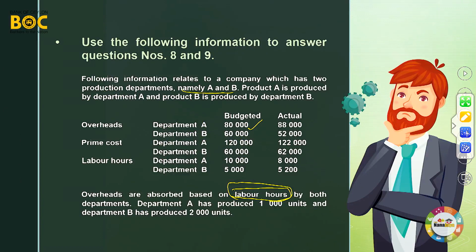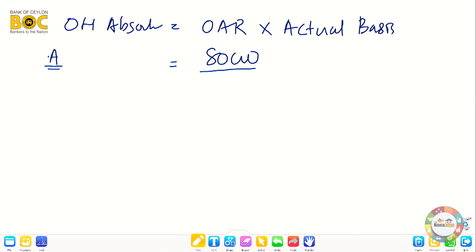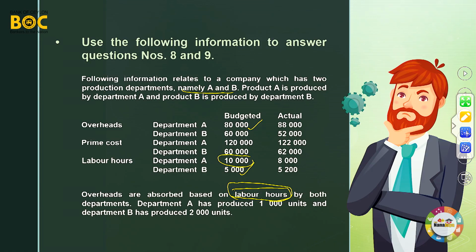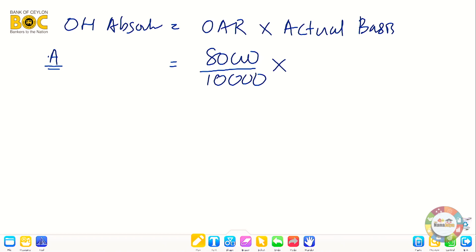Budgeted labor hours are 10,000. The basis here means labor hours, and they use actual labor hours. Actual labor hours of this department is 8,000.